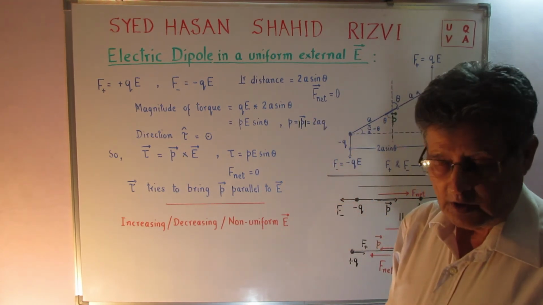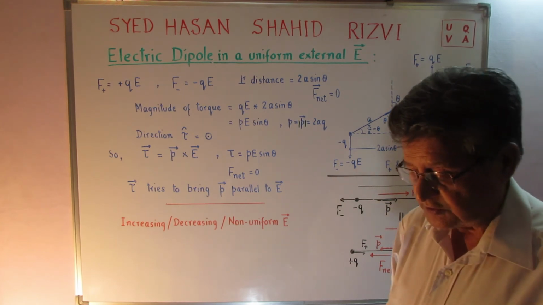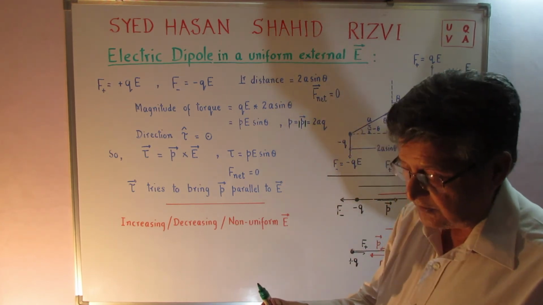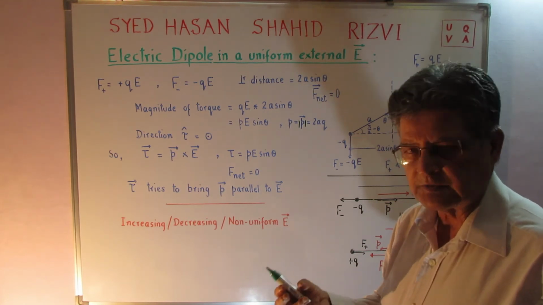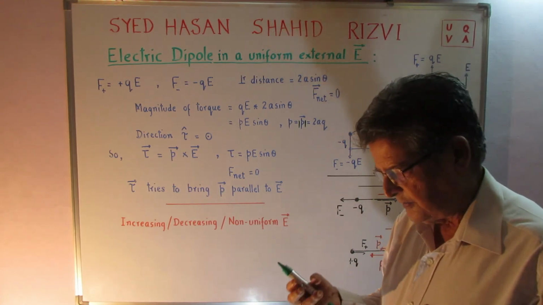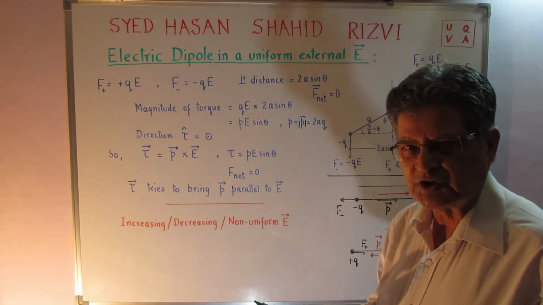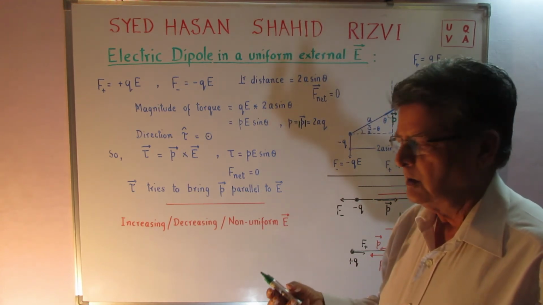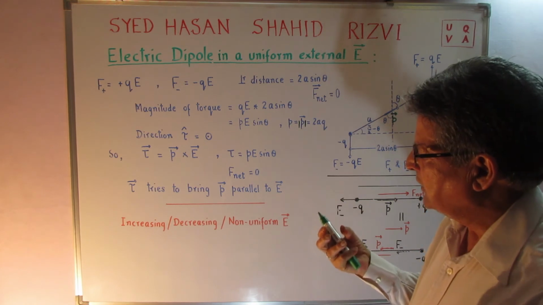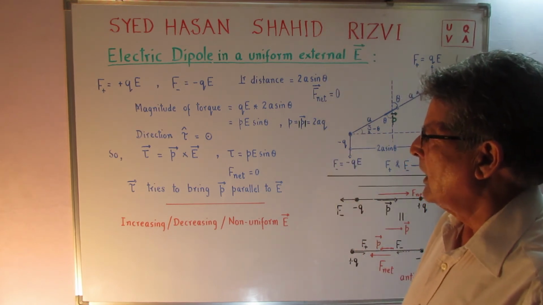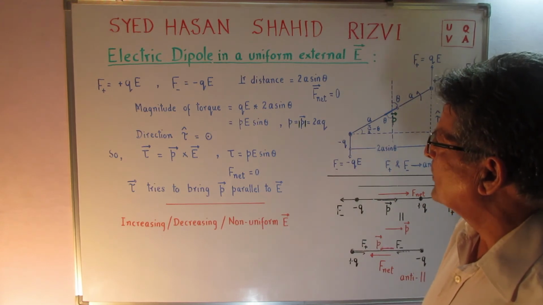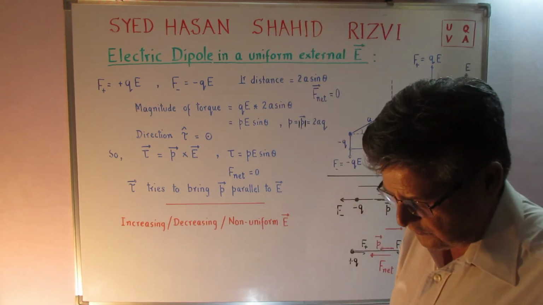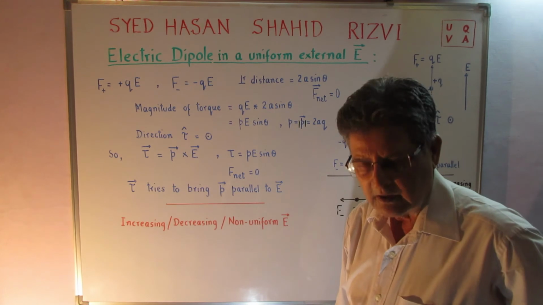As I told you, the center of the positive and the center of negative may be separated, and the moment they are separated, this is because of the external electric field, and we call it the induced dipole system. Induced dipole moment will appear. Okay, so this is with the electric dipole in a uniform and non-uniform electric field.